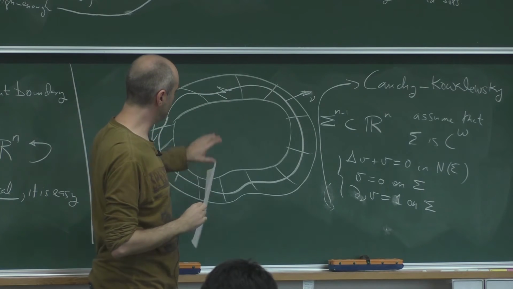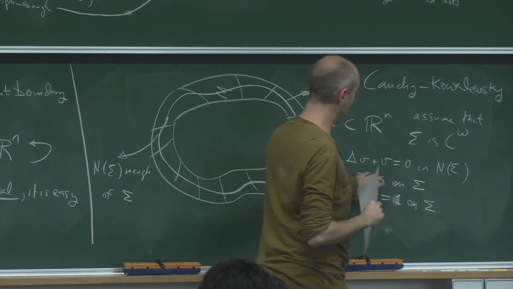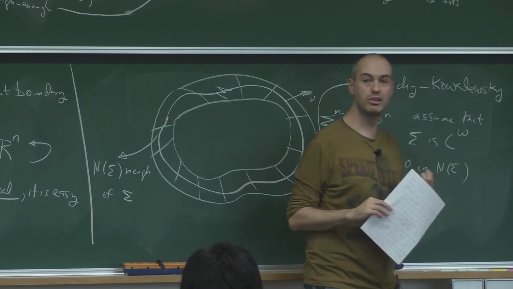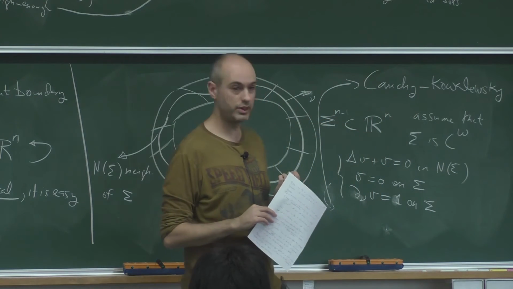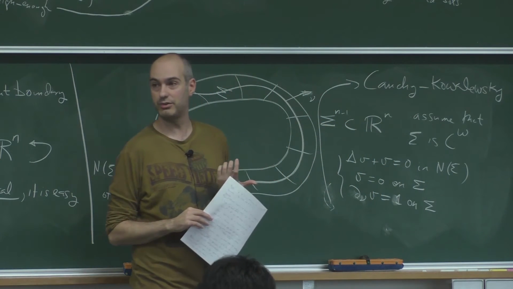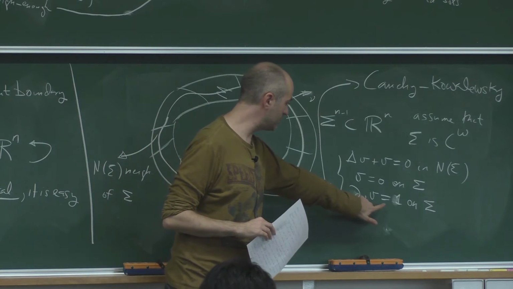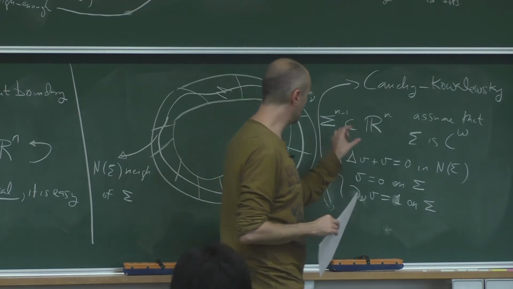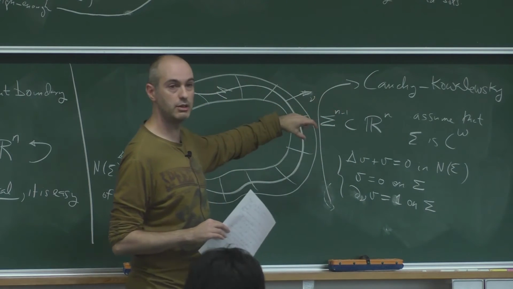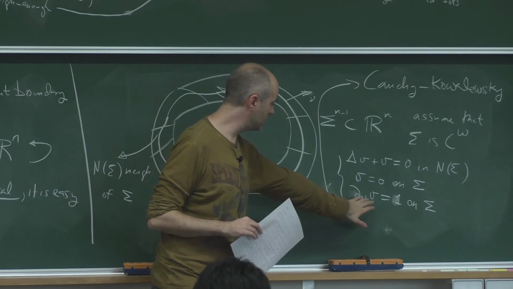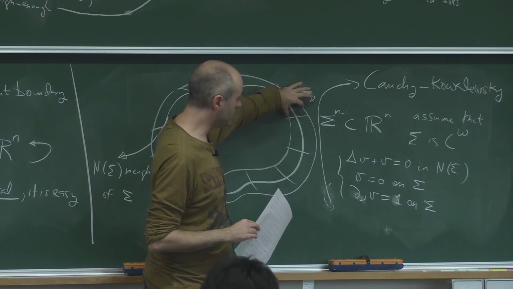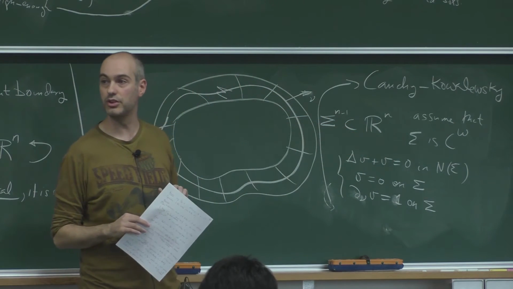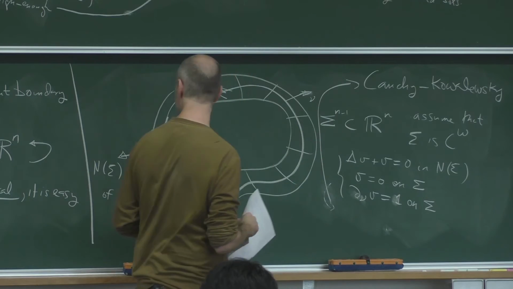It vanishes on the surface, and only vanishes there, in fact, because you have prescribed the normal value to be 1. So for this narrow neighborhood, since the gradient is not vanishing, there are no other components of the zero set.